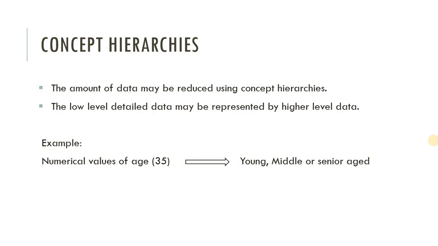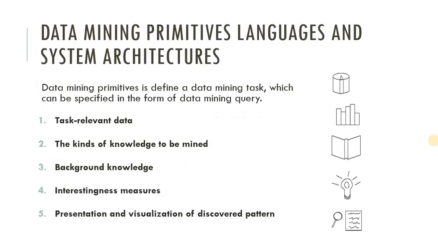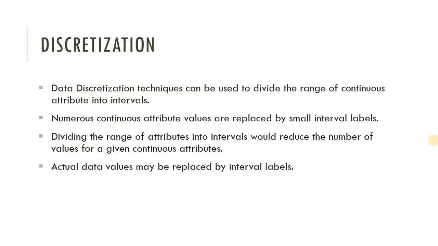In the discretization we already defined the intervals: if age is 1 to 25, then it is young; 25 to 40, then it is middle age; and 40 and above, then it is senior age. So we already defined the intervals in the discretization.